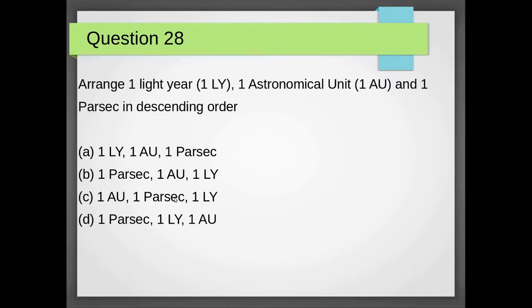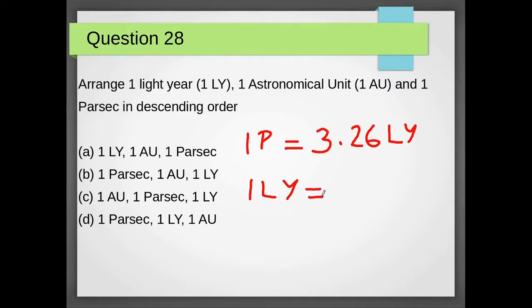Question 28. Arrange 1 light year, 1 astronomical unit and 1 parsec in descending order. For that, you will recall that 1 parsec is approximately equal to about 3.26 light years, and 1 light year is approximately equal to about 63,241 astronomical units.